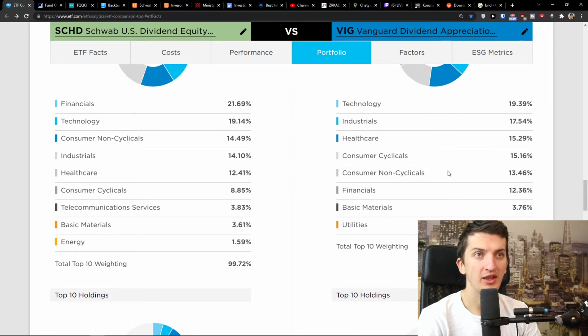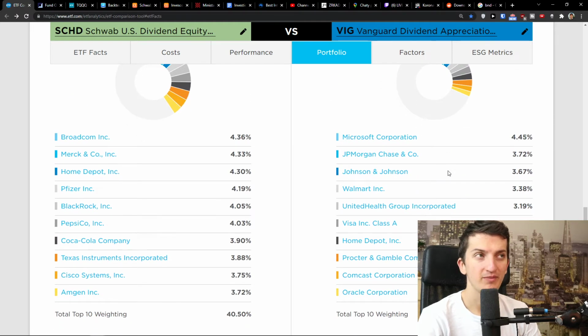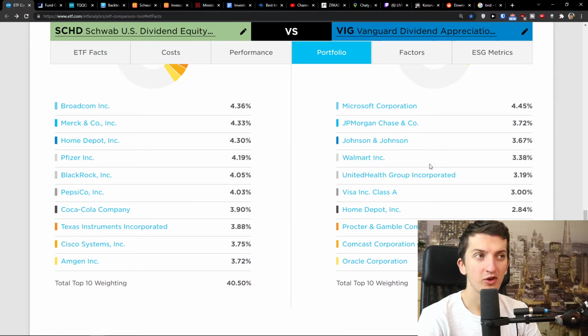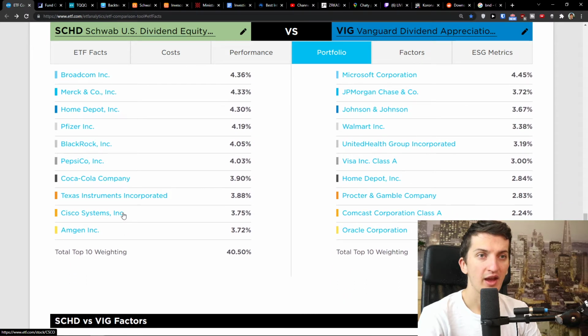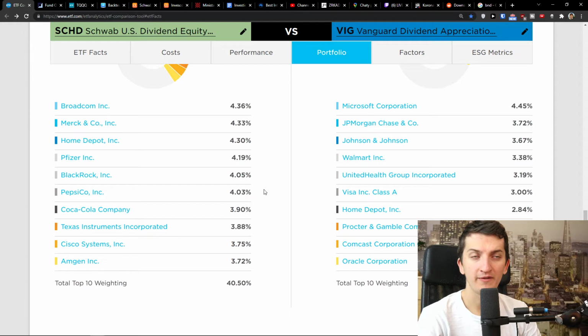So we could say many times those sectors are similar, but they are not overlapping by much. You can see in VIG Microsoft Corporation, JP Morgan Chase, Johnson & Johnson, Walmart, Visa, Home Depot. Here we see Broadcom, Home Depot, also Pfizer here, BlackRock, and yep. So now you see those companies, but let's look at fund overlap.